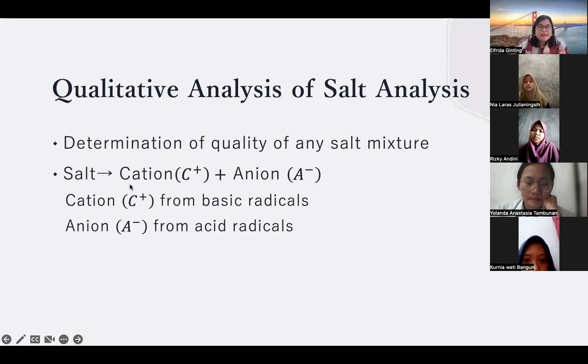Cation is base. Anion is acid. So we can also call cations basic radicals, meaning radical basa. Anions we can also call acid radicals, meaning radical asam.